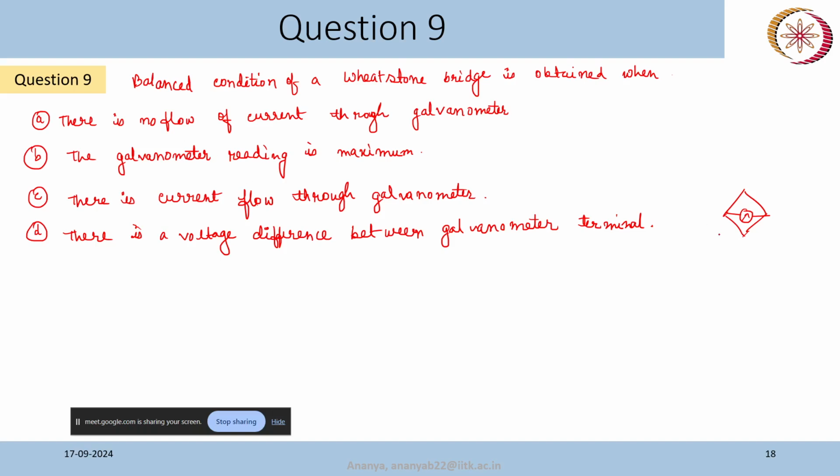If there is no current flowing through this, that means the voltage at this node and this node is the same. Then the galvanometer will not show any deflection. So in balanced condition the voltages are same, there will be no flow of current through the galvanometer. That is the correct answer.